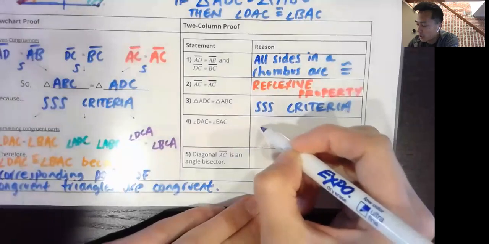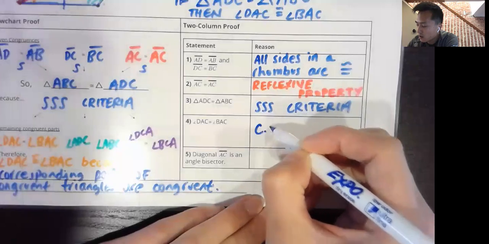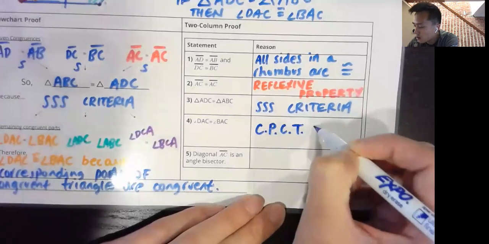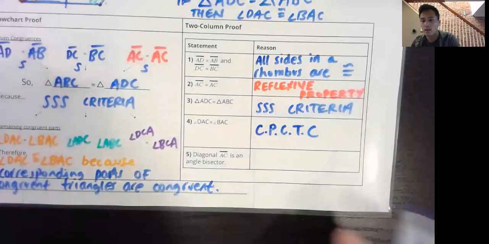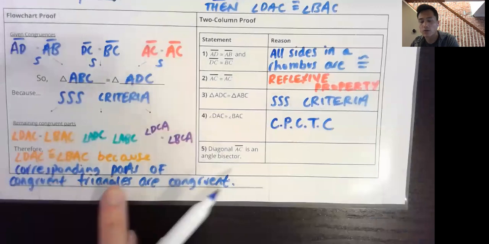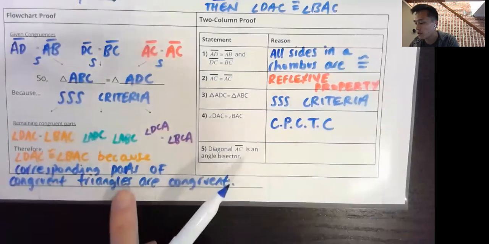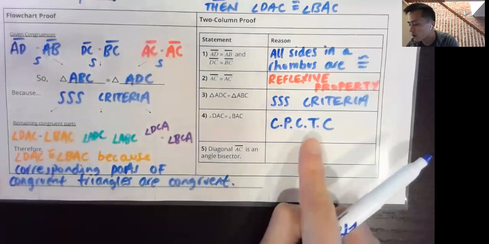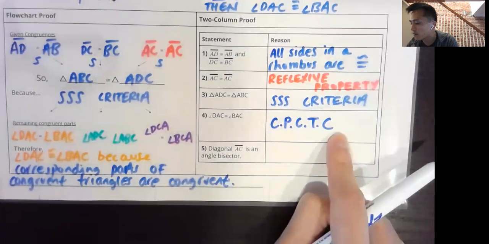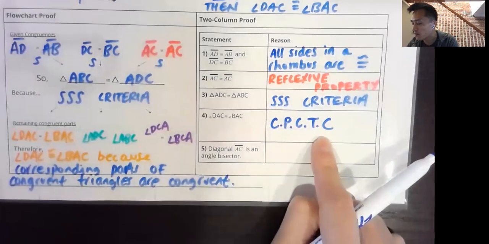I'm going to let you write the acronym CPCTC. That's the acronym for corresponding parts of congruent triangles are congruent. It's the same thing, but since this is a lot to write, starting now, you are permitted to use this acronym. But you need to know what this means.